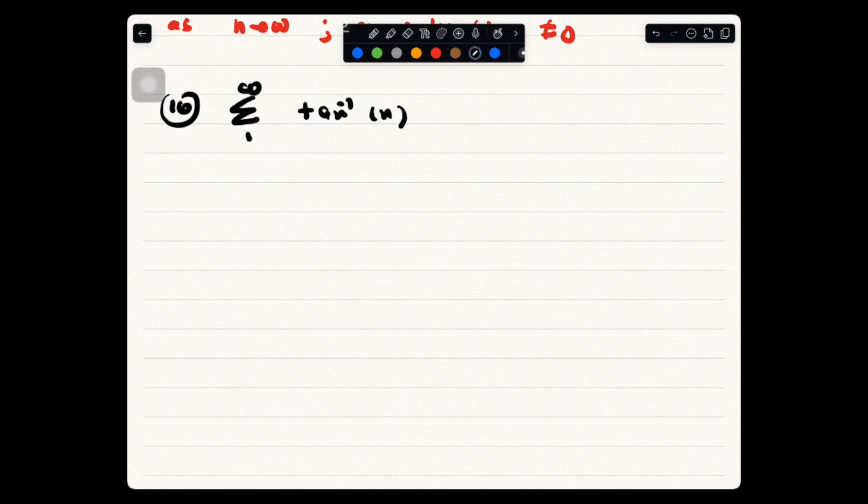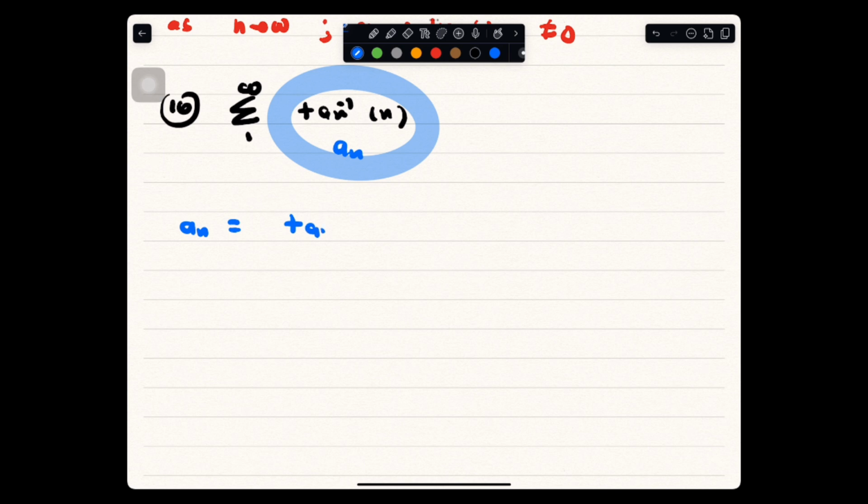What about this? The inverse tangent of n. It's not geometric. You can't use partial fraction decomposition. So we know an is the inverse tangent. I'm going to look at the test for divergence now.